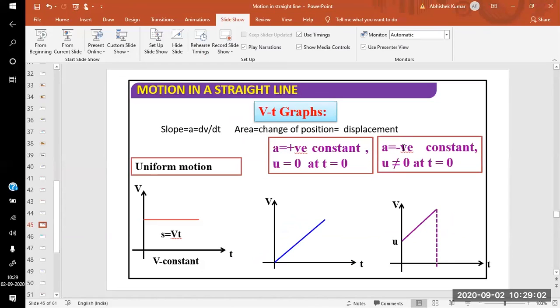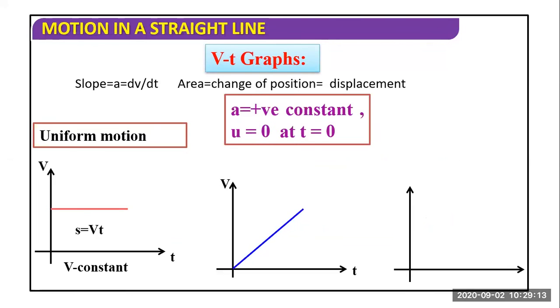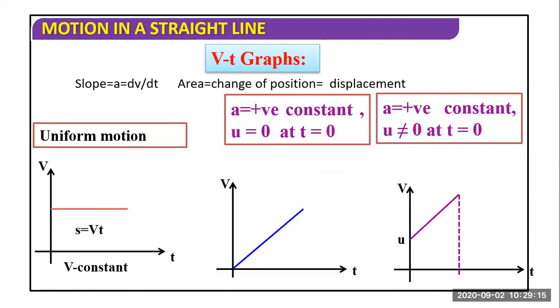This is still positive. Acceleration is still positive, but the starting point is not 0. The velocity was initially not 0. It was starting with some initial velocity. Okay. Now move to next one.